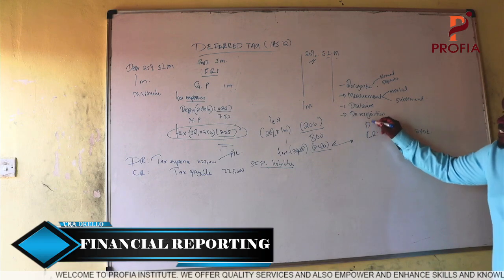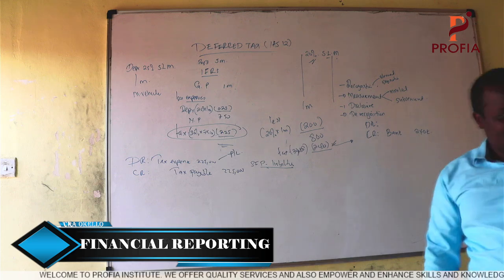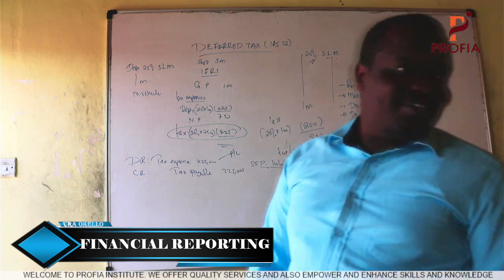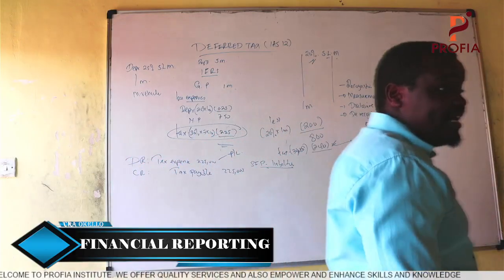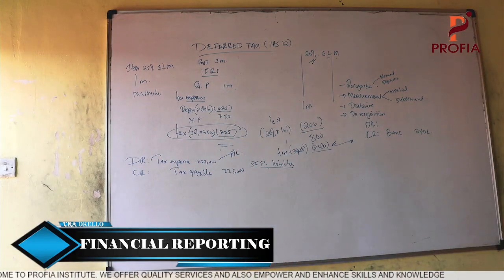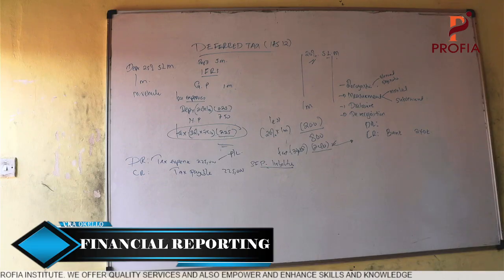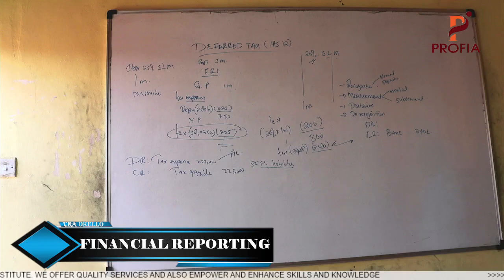Question: what will you debit? Because you've credited your bank, what are you going to debit? Let me hear. We have not yet covered deferred tax. Now that is where the temporary difference comes in. What will you debit?